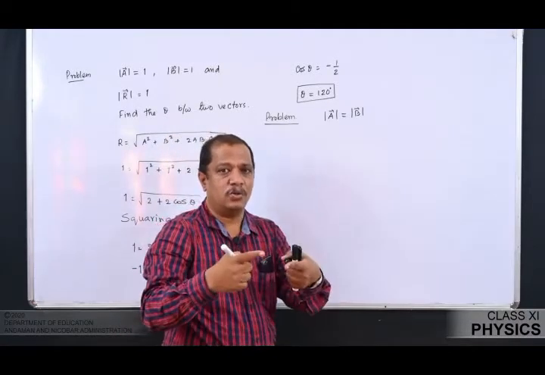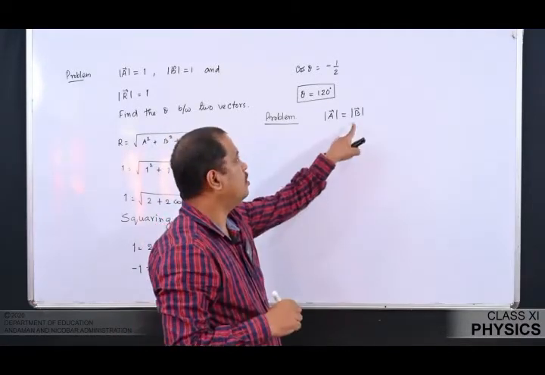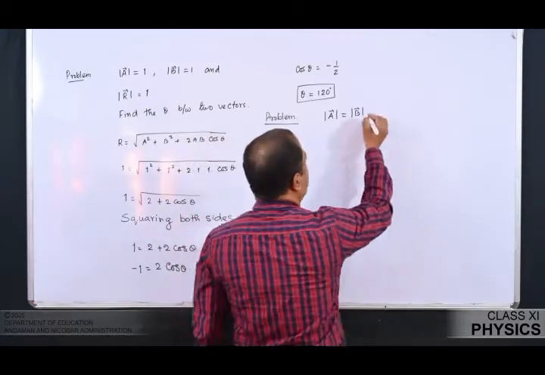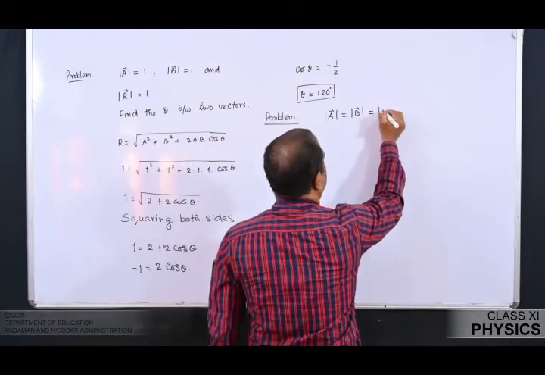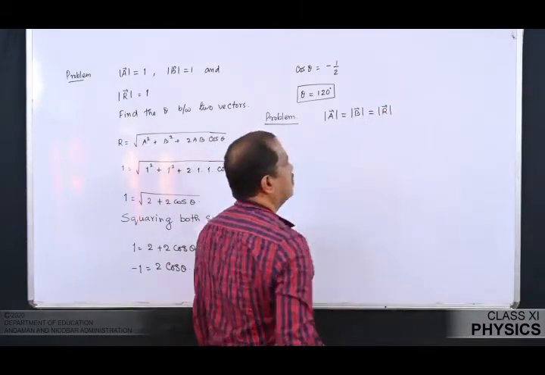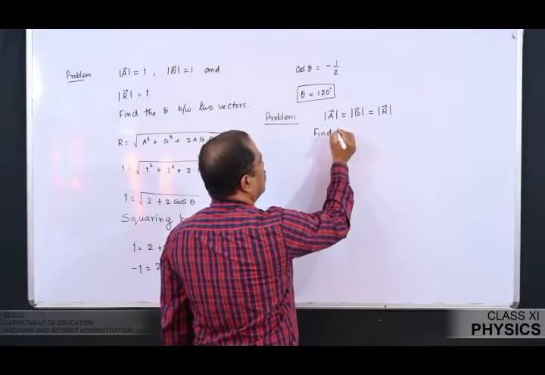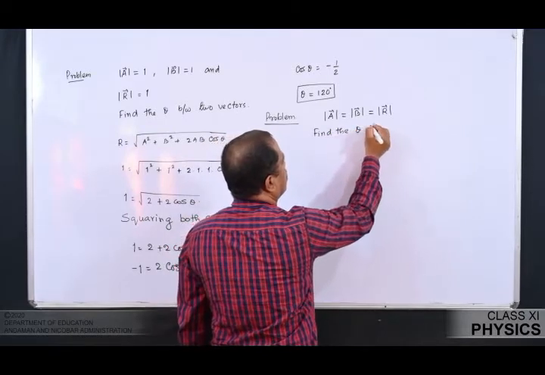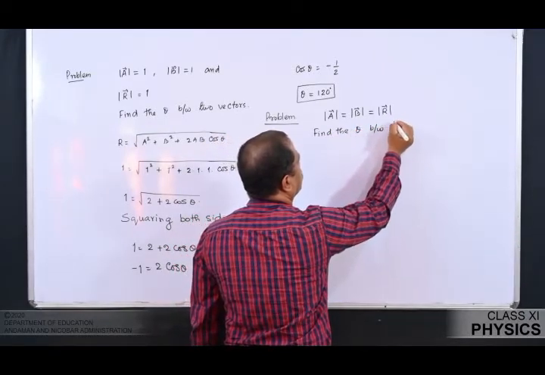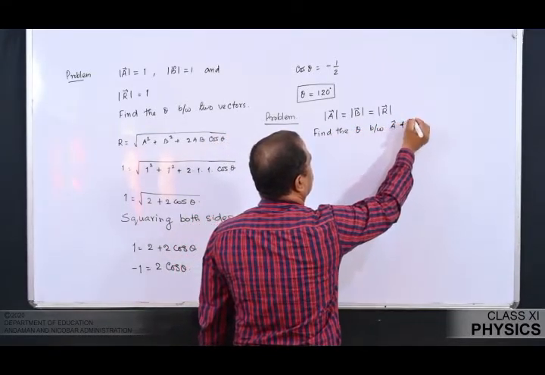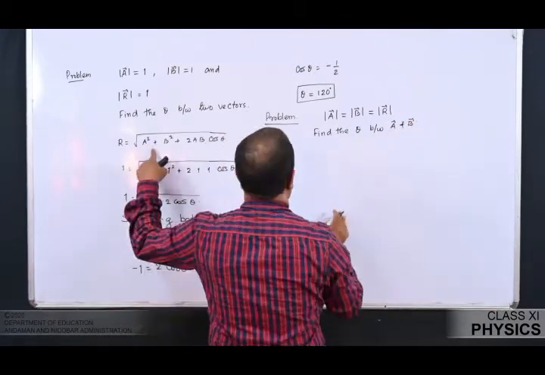The resultant also has the magnitude equal to the magnitude of either a or b. I am asked what is the angle between a and b. I'm going to go the same way.